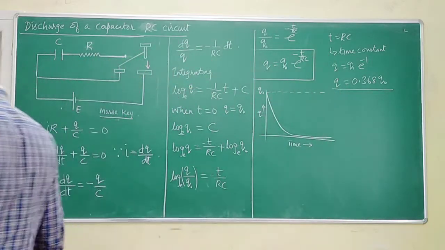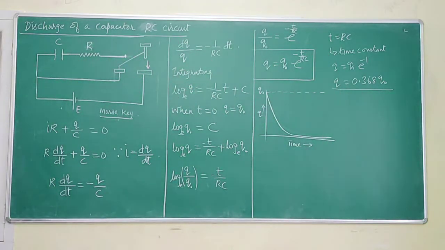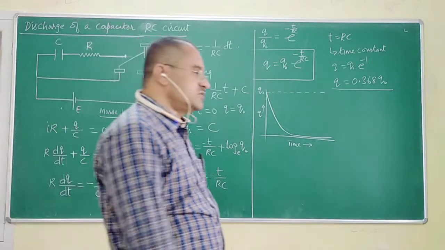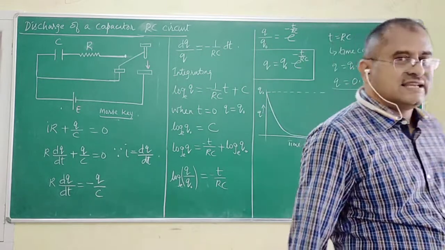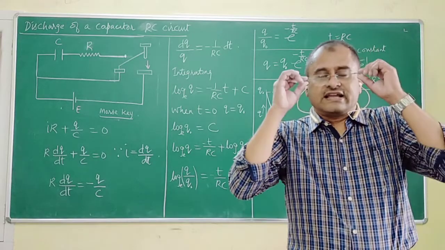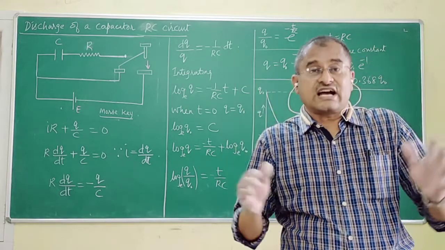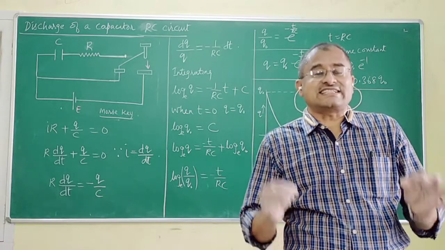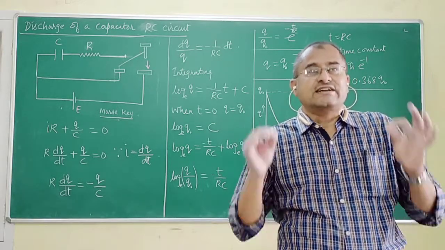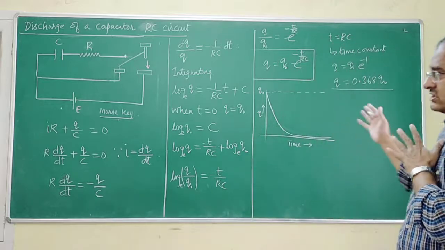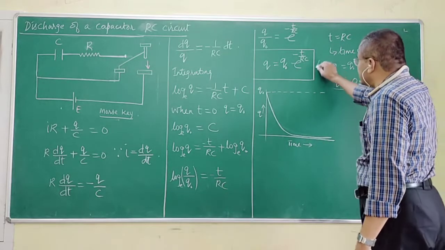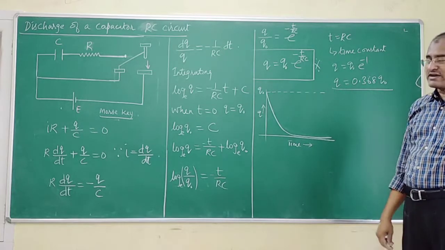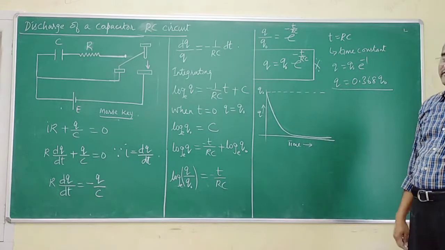I repeat, the time constant of an RC circuit during decay is defined as the time taken by the charge to fall to 0.368 times its maximum value Q naught. The expression is again important. We need to see the application of this equation in the next topic for discussion.